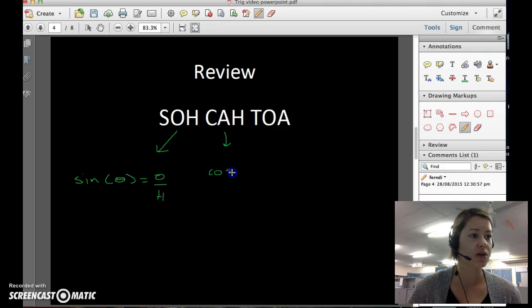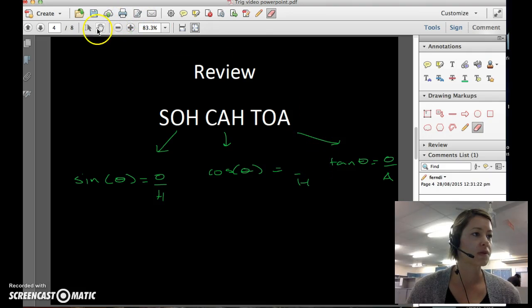Cos of theta equals opposite over hypotenuse, and the last one is tan of theta equals O over A. Sorry, this should not be O over H for cos theta, that's A over H.